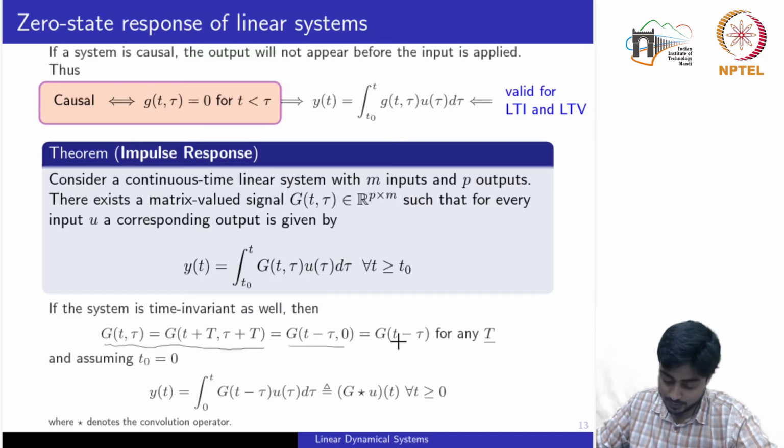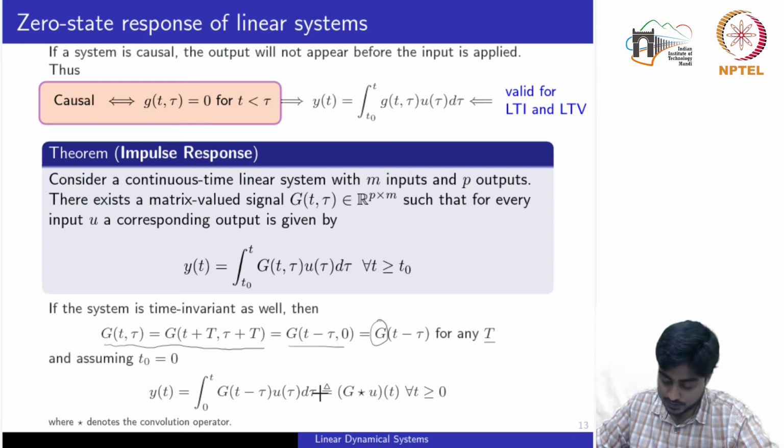With a slight abuse of notation, we use the same notation capital G by removing the second argument, because the second argument is basically 0. So we can define the capital G as t comma tau for any capital T.